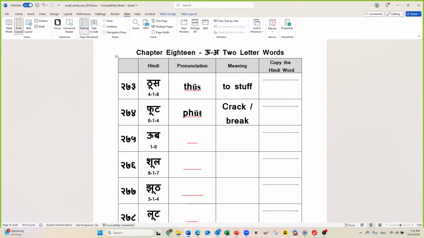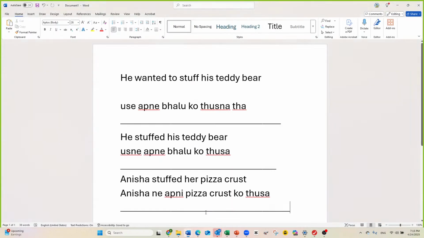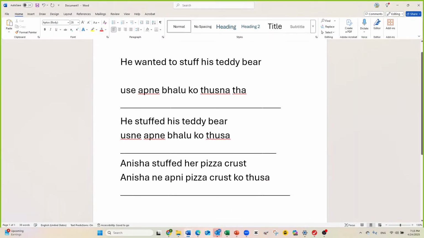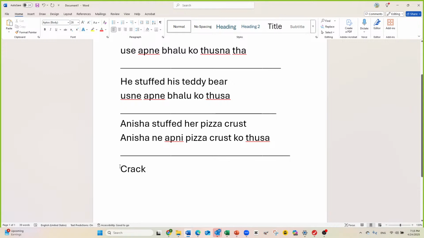Okay, give me an English sentence with the word crack in it. Don't start with he or she now, please. Do something else.